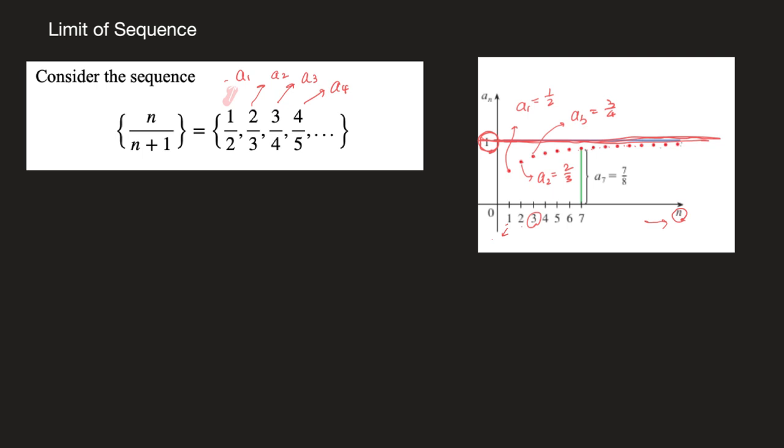The behavior of An is that An is getting close to 1, right? The horizontal line 1. That's what we call the limit. So how are we going to write it? As n approaches infinity, meaning the sequence goes on, then for each term, what kind of behavior does An have? This sequence is going to 1. So that's the concept of the limit of a sequence.